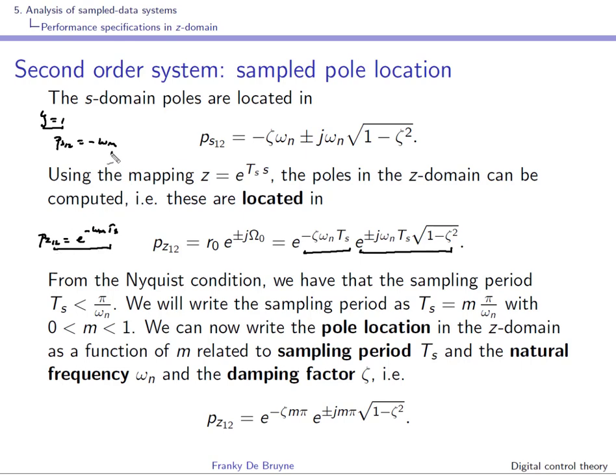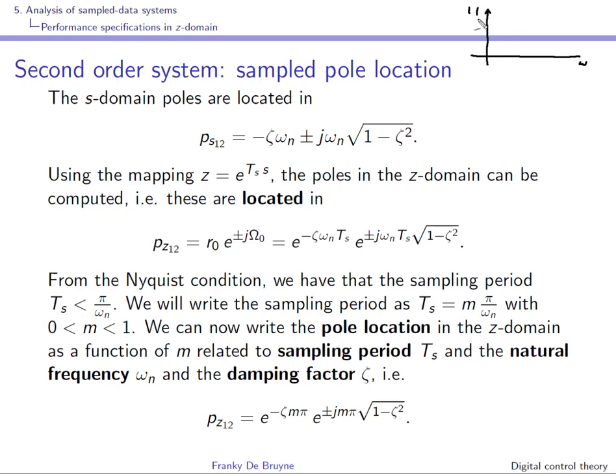So when zeta is equal to 1, in the S domain you have 2 real poles. They are actually the same, so they are double, and in the Z domain you'll also have a double pole that is real.